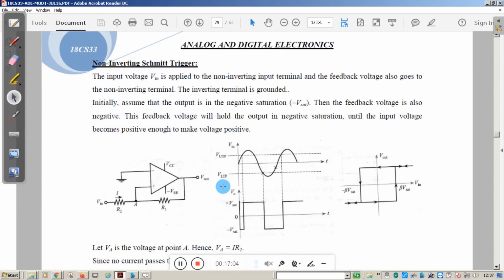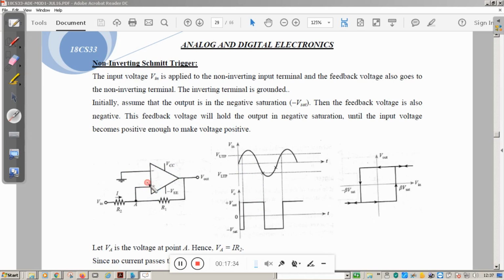The difference between the inverting Schmitt trigger and the non-inverting Schmitt trigger is that in the non-inverting Schmitt trigger we connect the voltage source at the non-inverting point, and the inverting point is connected to the ground. When the positive input is greater than the negative, the output will remain positive.